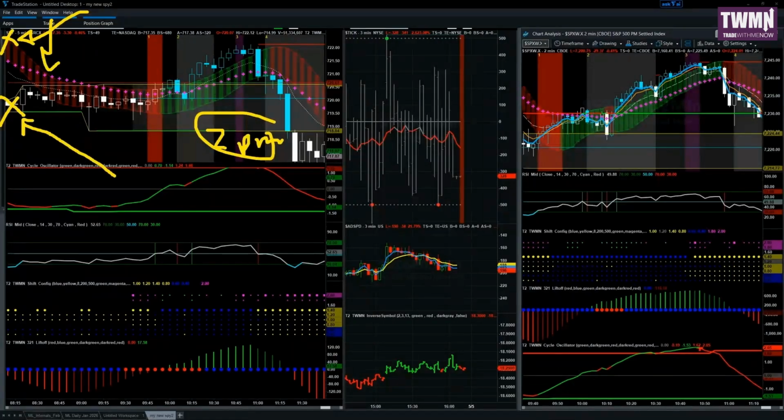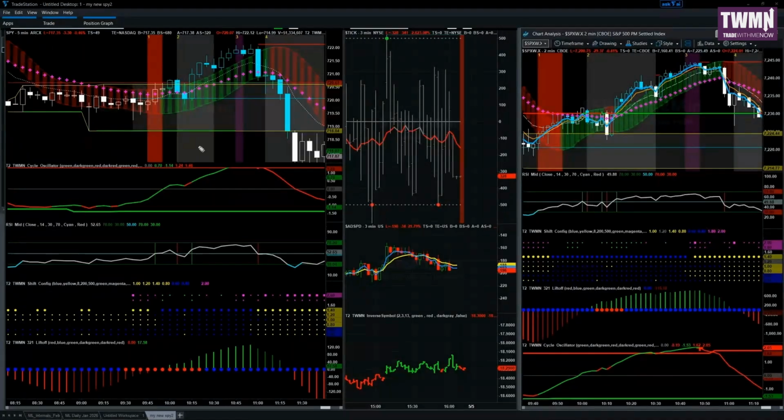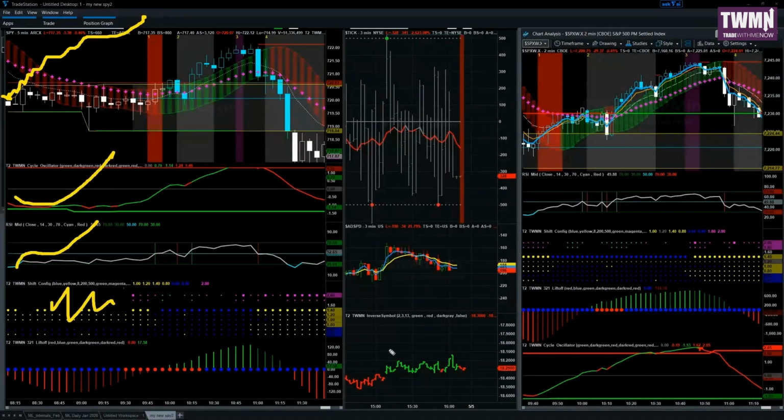Now, what happens sometimes, which did not happen here, is you gap down and immediately it does this in the pre-market. And the cycle indicator goes up, this goes up, and this all goes blue. And then you're looking for a shift this way at 10 o'clock, right?